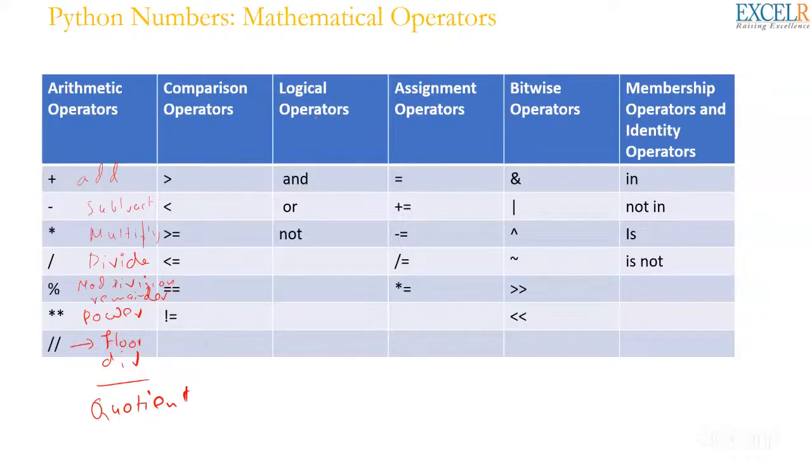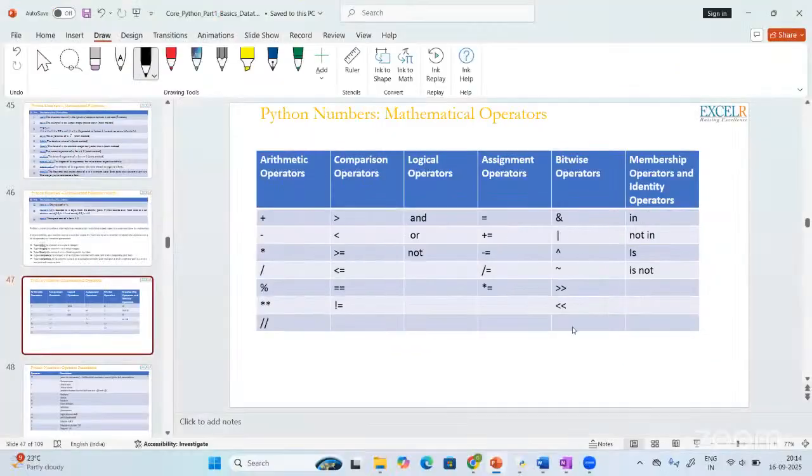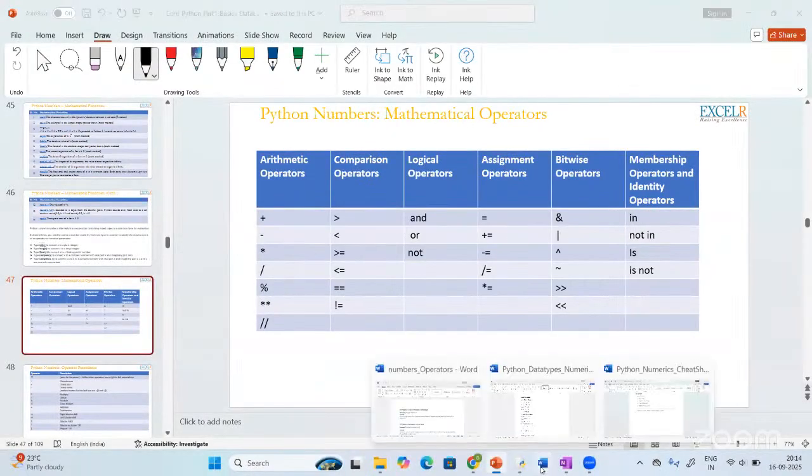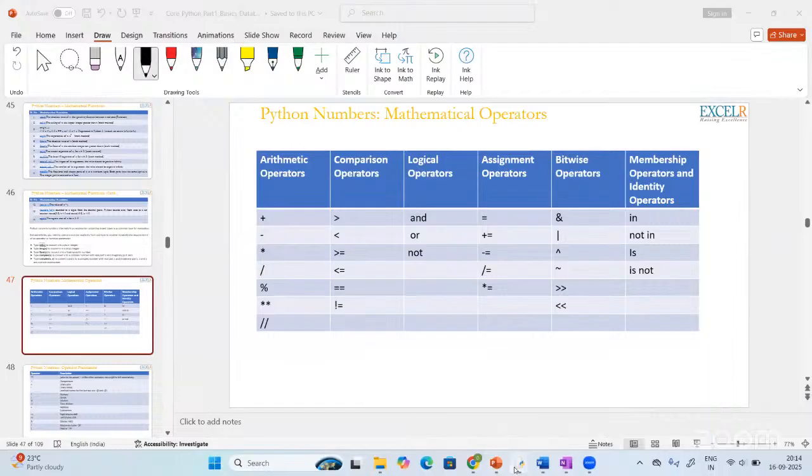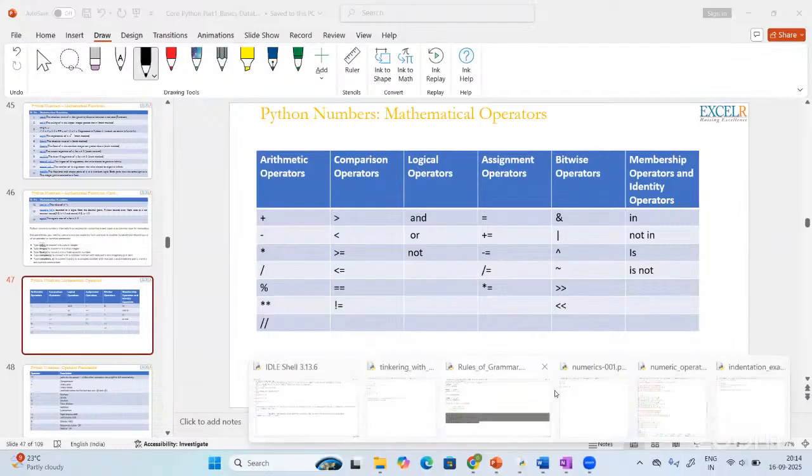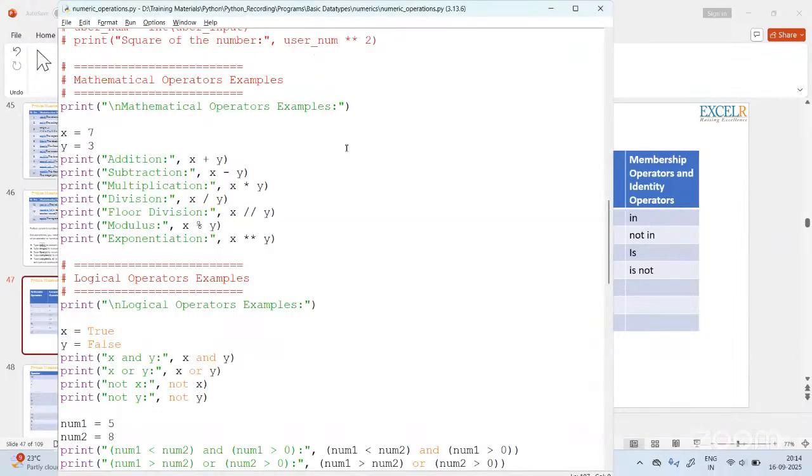Now we will have a quick look at them as well. Okay, so let's have a quick look at these operations one by one. And again, I lay a lot of emphasis on doing these.